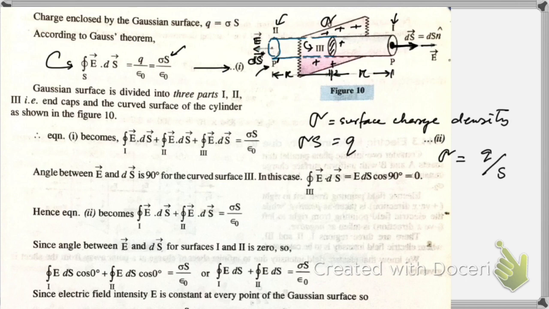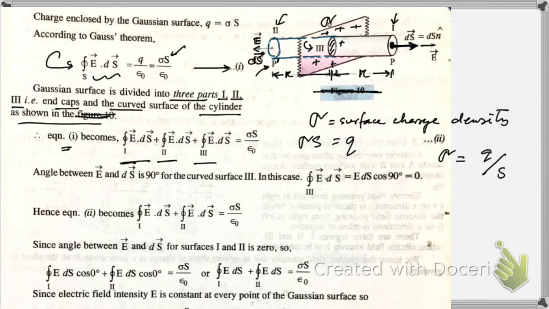Now Gaussian surface is divided into 3 parts, 1, 2 and 3. N keeps the curved surface of the cylinder as shown in the figure. This figure, as shown in the adjacent figure. Okay, so now you see this equation 1 can be written as sum of these 3 integrals.